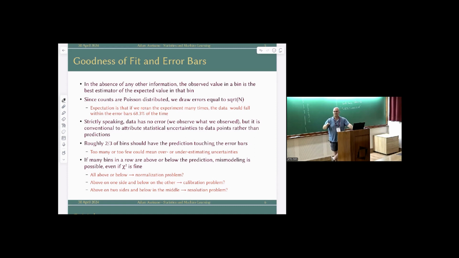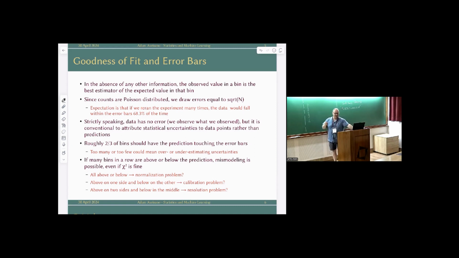Some people will say, well, we're being conservative, but it turns out that overestimating your errors is just as bad as underestimating in a lot of ways. It's not a good thing just to inflate your error bars to hide mismodeling or something like that.